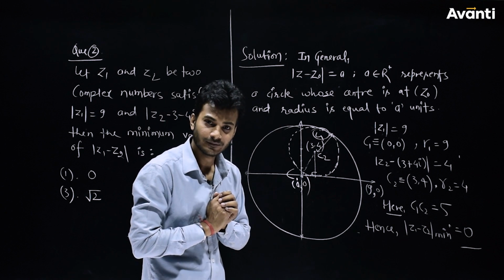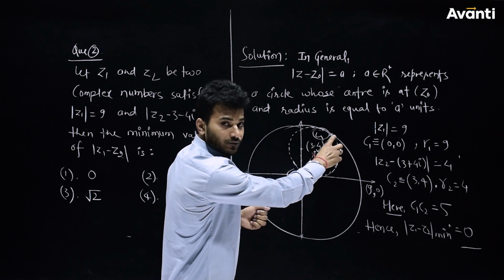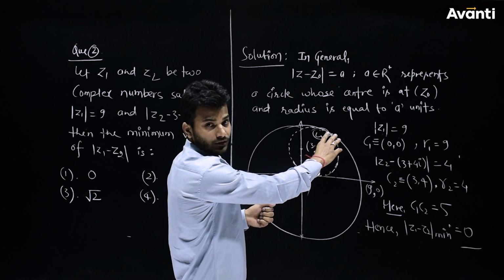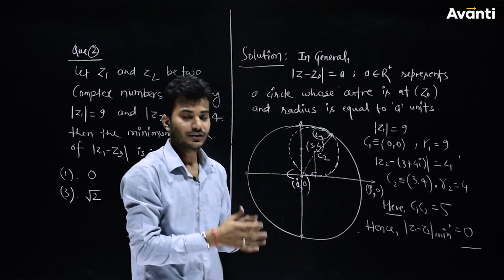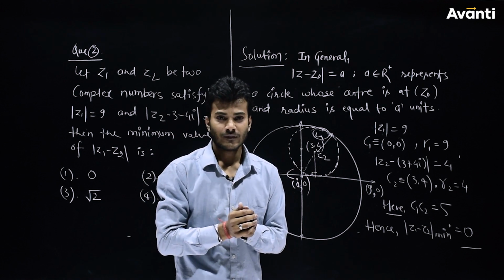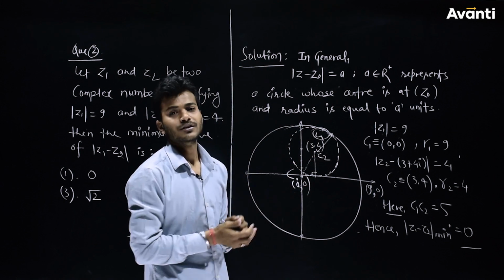You're getting my point? I think this is very clear. If this radius is 4 and the distance is also 4, then the circle Z2 will touch the circle Z1 internally.